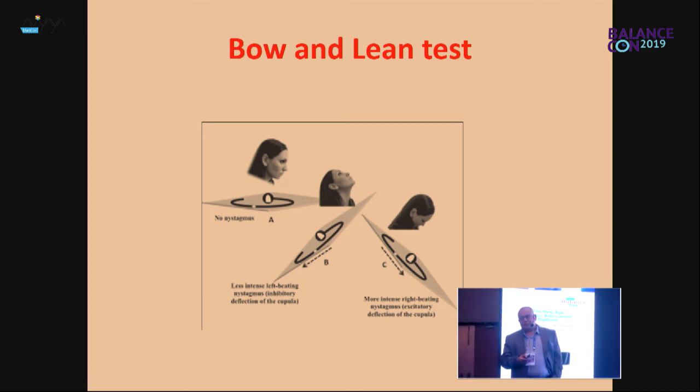Now, if we immediately, without stopping in the center, turn the head towards the opposite side, the particles will be moving 180 degrees away from that. What I want to say is it will be a stronger flow of the endolymph, which will create a stronger nystagmus on the other side, and then it will become confusing for us to decide the side of the involved canal. That's a good point as well, thank you.